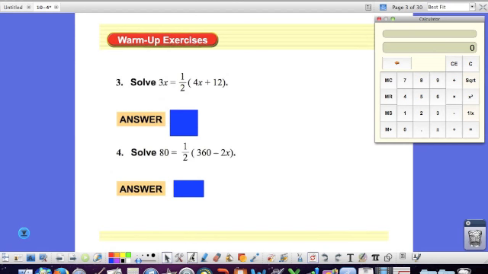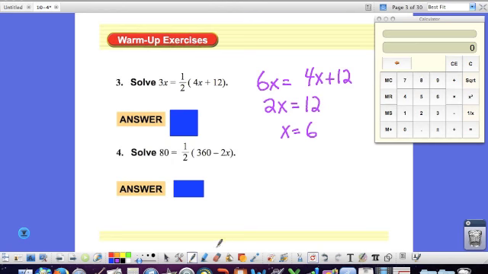Now we're going to solve these equations. Rather than distributing this by half, I'm going to multiply both sides by 2, which means 6x equals 4x plus 12. Subtract 4x from both sides, I get 2x equals 12, so x equals 6. Winner, winner, chicken dinner.